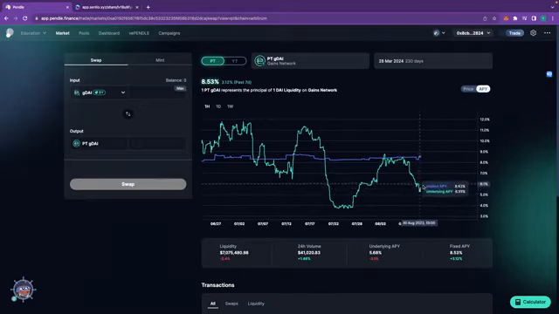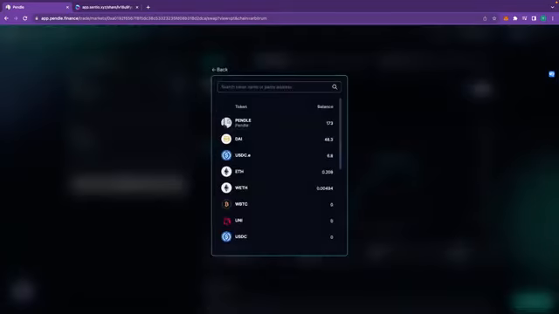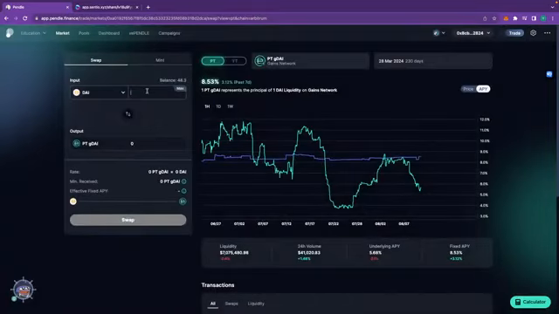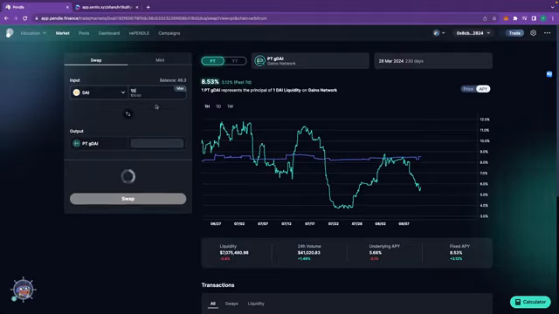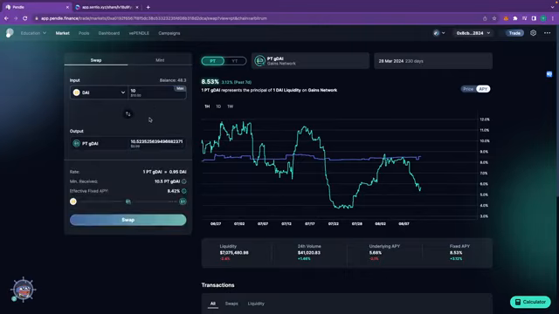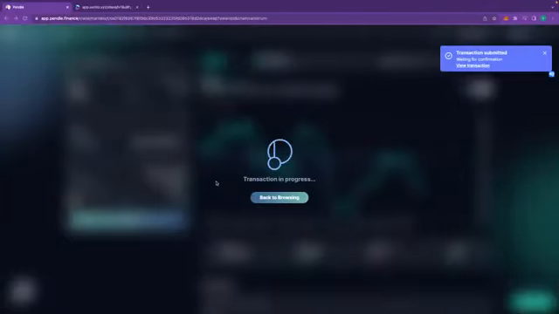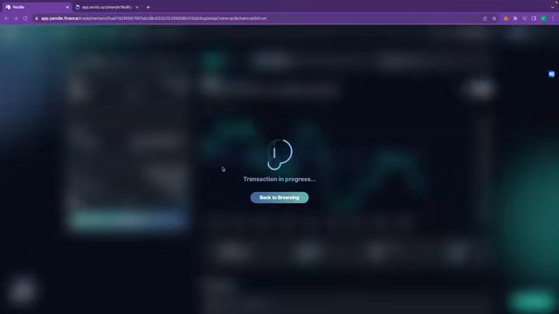Okay, just for the sake of example, let's say I think it's a good opportunity to buy PT to get this fixed yield, and say I put in 10 DAI to buy roughly 10.5 PT. Essentially, this is giving me a fixed return of 0.52 DAI, which is equivalent to 8.2% fixed yield, right? So I can just go ahead and buy the PT. And that's how I enter into a fixed yield position.